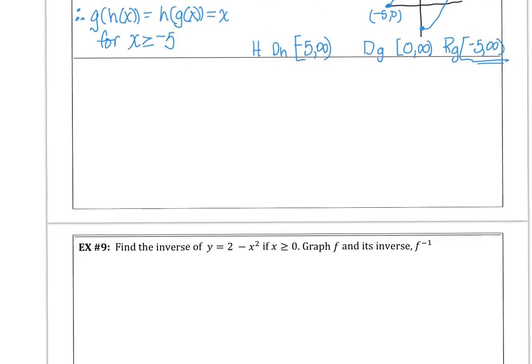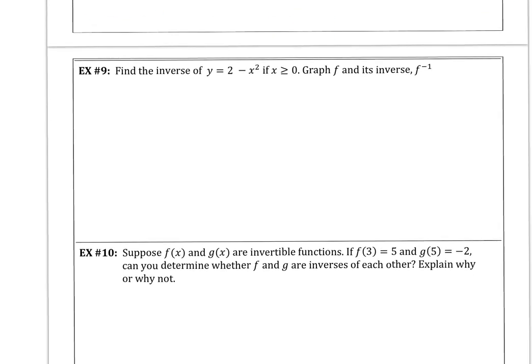Okay, let's go look at number 9. We want to find the inverse of 2 minus x squared if x is greater than 0. First, we're going to replace the y with an x and the x with the y. Then we're going to solve for y. So y squared is 2 minus x. If we take the square root of the left and the right, we have the square root of 2 minus x.